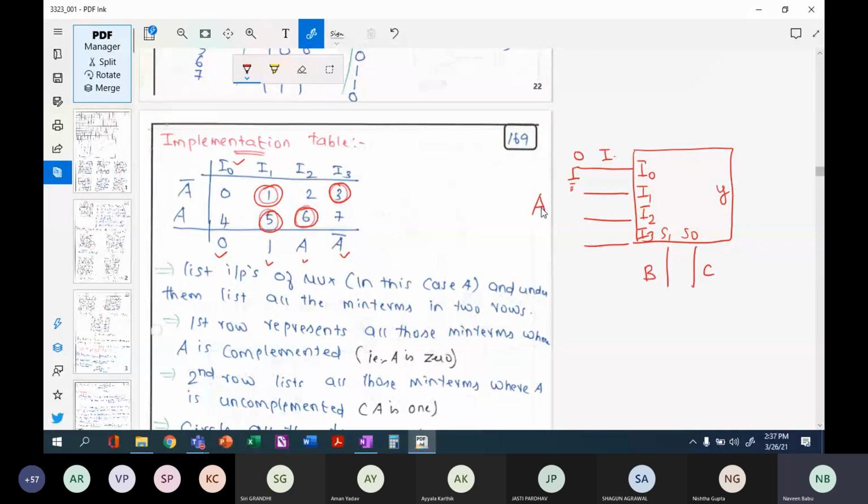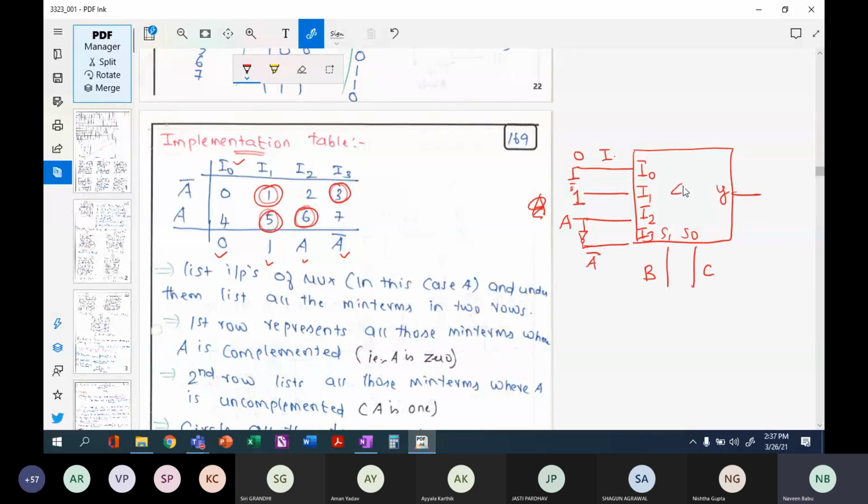I1 corresponds to 1, so you put 1 here. I2 corresponds to A, so just connect A here. I3 corresponds to A bar, which will be a NOT of this. So that's all. This is how you implement.